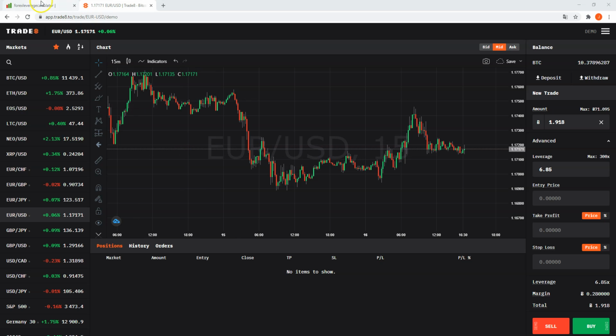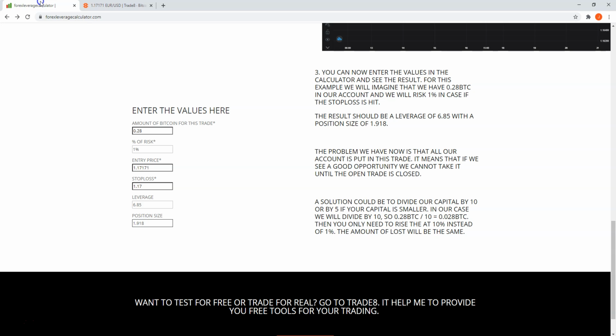So we go back on the forex leverage calculator, and here we see an example of what I mean. Instead of taking all of our capital, we need to divide it by 10. We see here 0.28 Bitcoin divided by 10. We have now 0.028 Bitcoin.